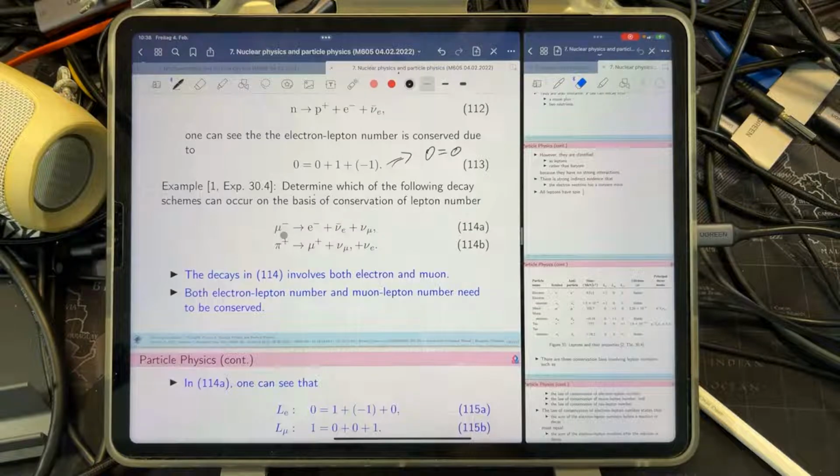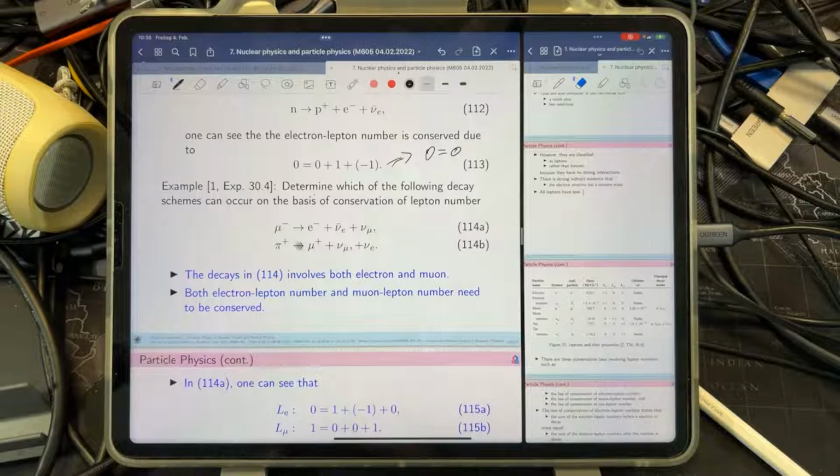Muon decays into electron antineutrino and muon neutrino. Is this valid? Is this correct? Is the conservation of the lepton number valid for this equation? That's the question of this example.